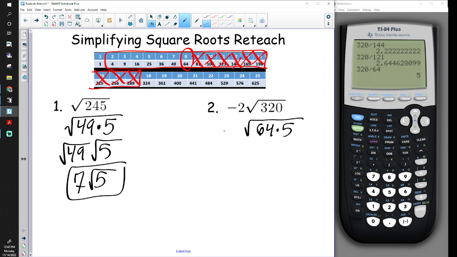Now that negative 2 doesn't go anywhere, so just bring them down for the ride. Again, a lot of relationship problems today, so we're about to break up 64 and 5.